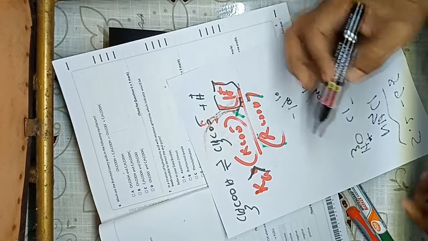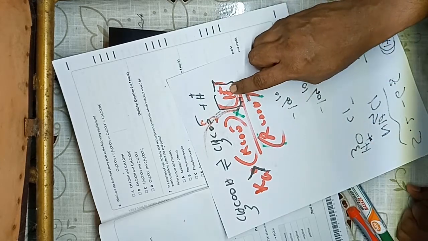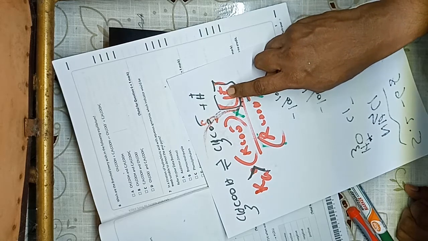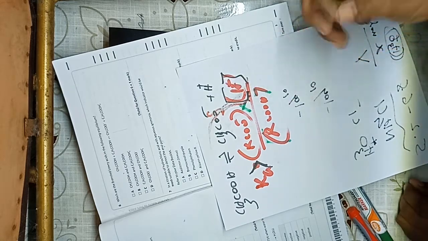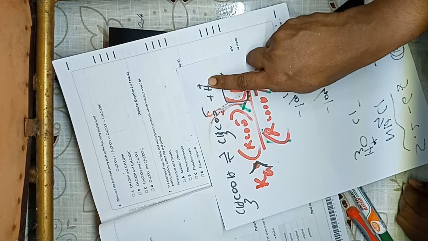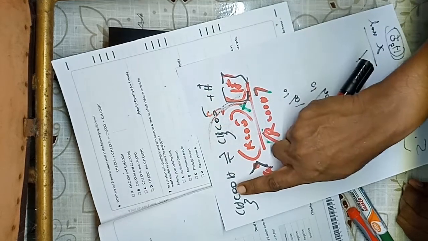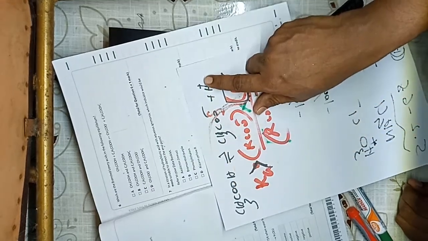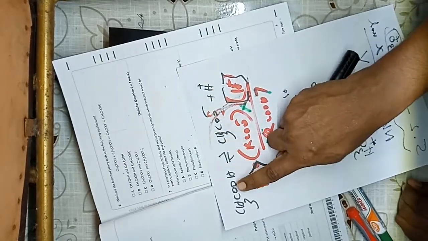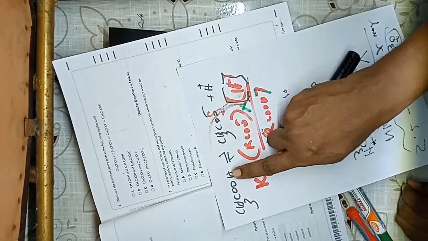Once volume increases 10 times, initially H plus concentration decreases 10 times, but thereafter that decrease is compensated to a certain extent by further ionization of the reservoir of H plus. That reservoir is acetic acid.